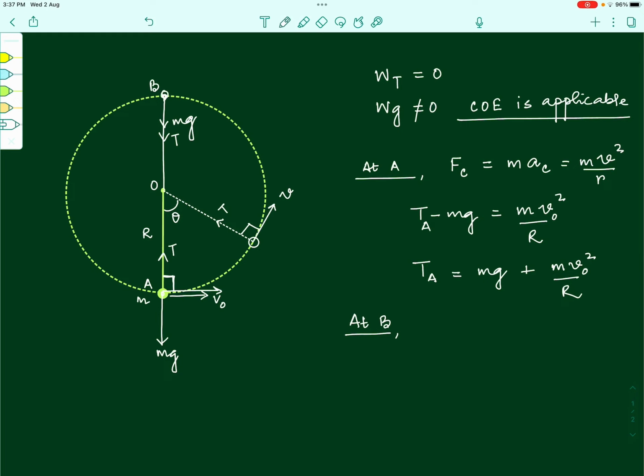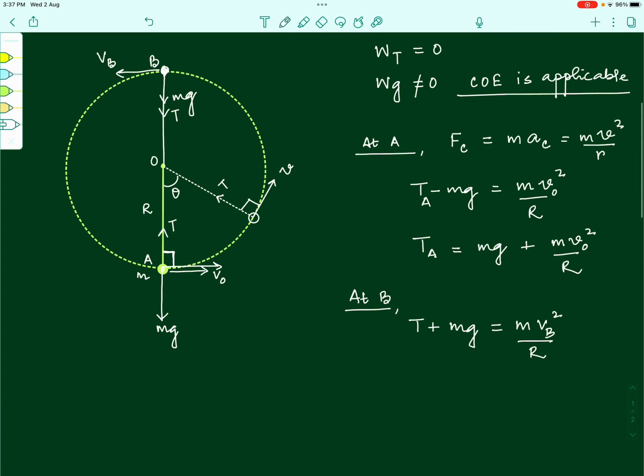If the bob at the point B is moving with a velocity vb, let's say, can we say the same equation, net force towards the center is equal to mass into centripetal acceleration? Can we say that that will become T plus mg is equal to m into vb squared by r, right? This is the tension at B, so Tb.